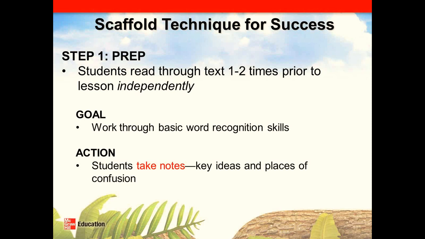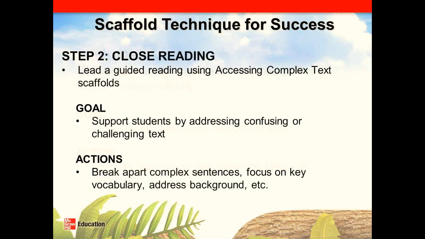This information that's gathered in their notes will be very useful to you, the teacher, as you plan with which portions of the text to address using accessing complex text scaffolds. You'll have actual proof of what needs to be done. Note, this is not the time you read the selection to students. Students must work through the selection and self-identify areas of difficulty.